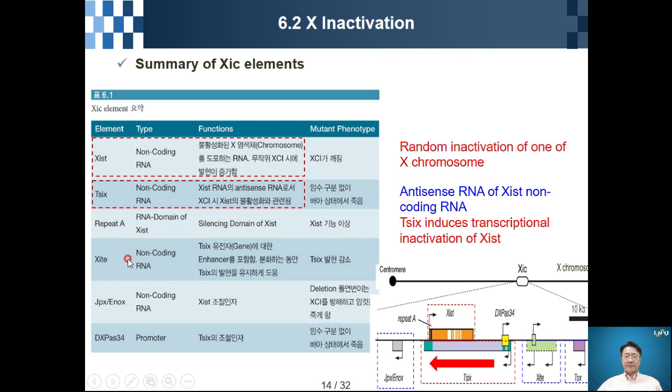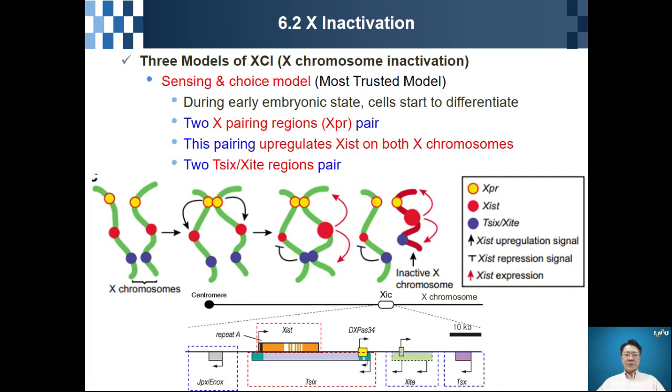Okay. So in this slide, I will explain the three models of X chromosome inactivation. The first model is the sensing and choice model. This model is the most trusted model, and it uses Xist, the non-coding RNA. During the early embryonic stage, cells start to differentiate.